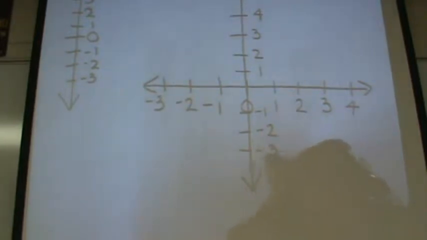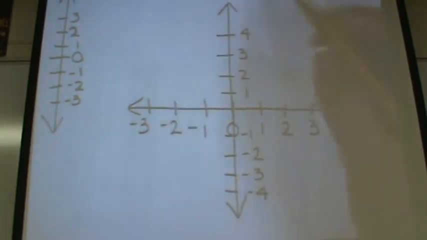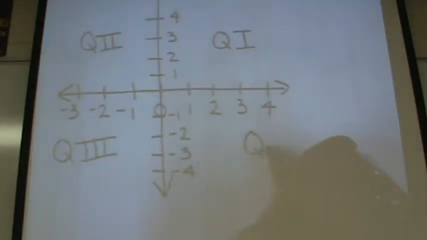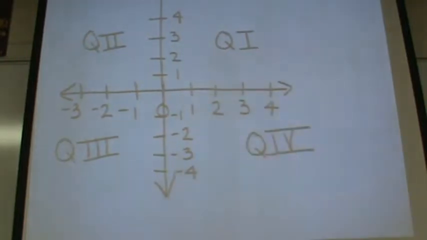How do you label quadrants? Quadrants are labeled starting in this region, this corner. This is quadrant 1. We use Roman numerals. Then you go counterclockwise: 2, 3, and 4. Everybody remember that?